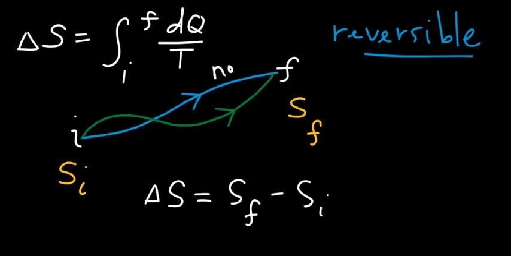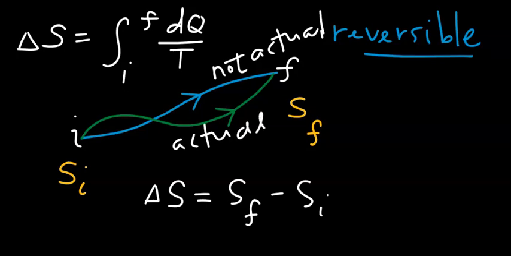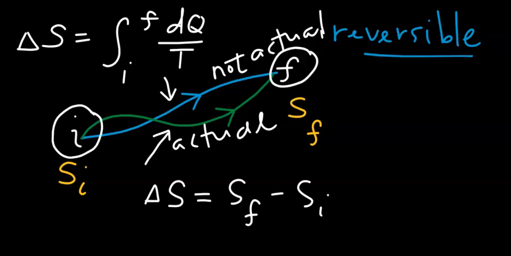Although this is not the actual path, and the actual path is the green path, the entropy change for this path must be the same as the entropy change for that path, because entropy is a state property. So the change in entropy is dependent only on the initial and final points, and we can make use of this analytical equation to compute the change in entropy.